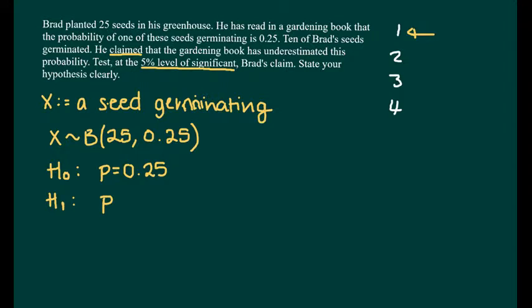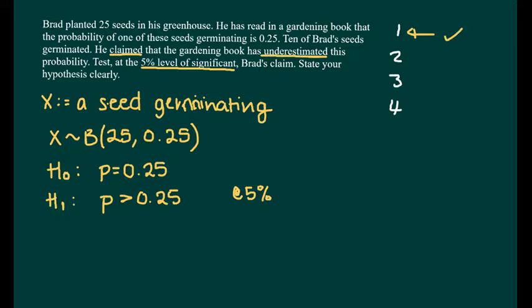Brad is claiming that the gardening book has underestimated the probability. So he is claiming that the probability is actually greater than 0.25. And we're testing at a 5% significance. So we've set up our hypothesis.